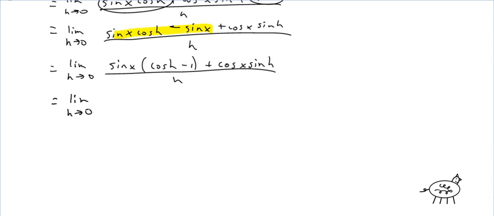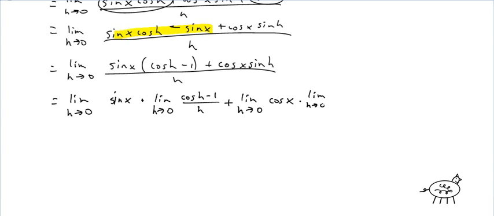So limit as h approaches 0. Now what I'm going to do is break this up. So I'm going to get the limit, this is going to be sine of x times the limit as h approaches 0 of cosine of h minus 1 over h, and then plus the limit as h approaches 0 of cosine of x times the limit as h approaches 0 of sine of h over h.